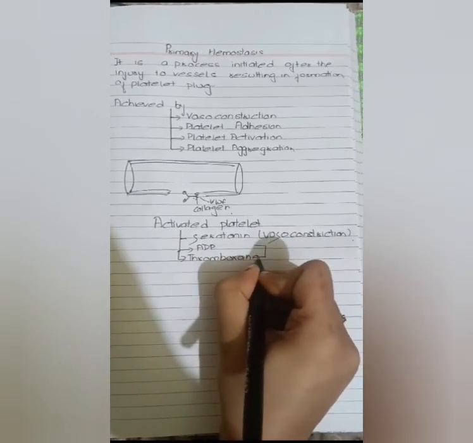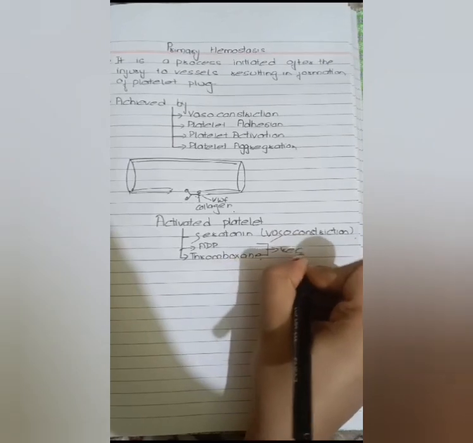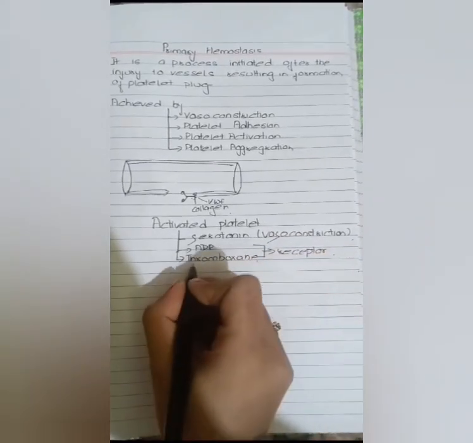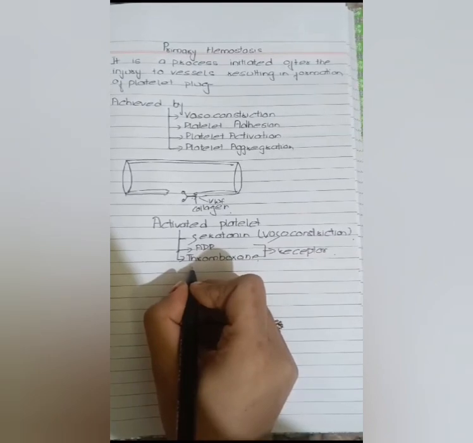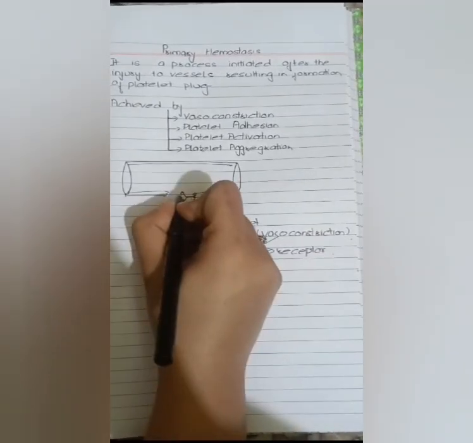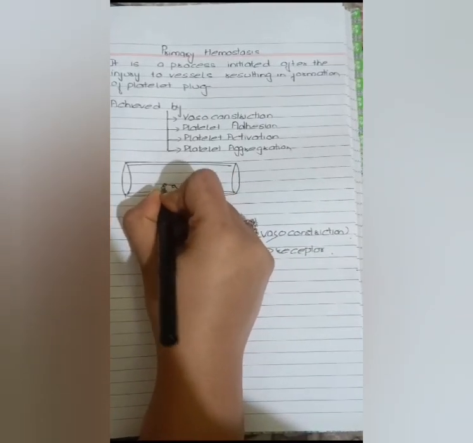Whereas ADP and thromboxane act on the receptors present on the surface of another platelet, which cause attachment between the platelets and result in platelet aggregation.